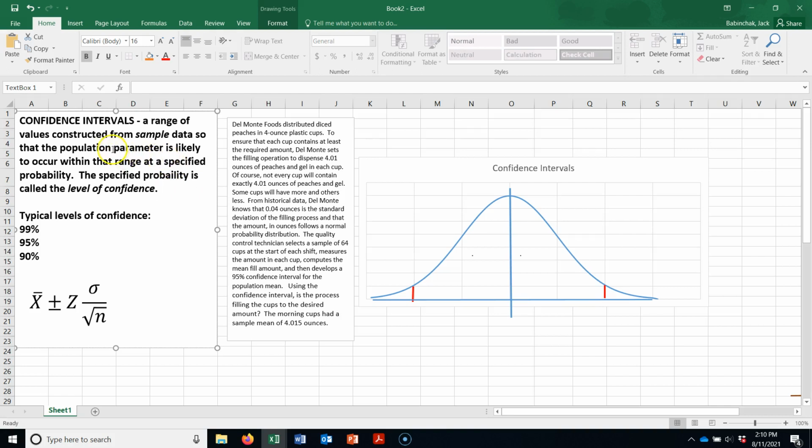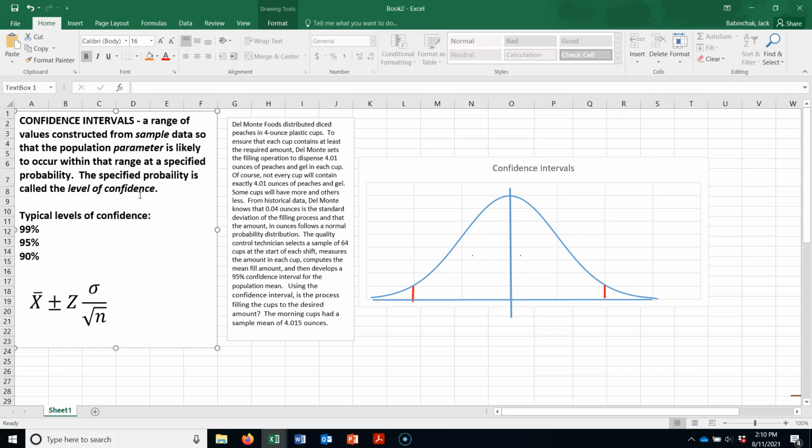Whatever parameter we're looking at, to try to determine from the population, and usually it's the average or the mean, we want to take a sample and make sure that it falls within this interval that we determined, right?